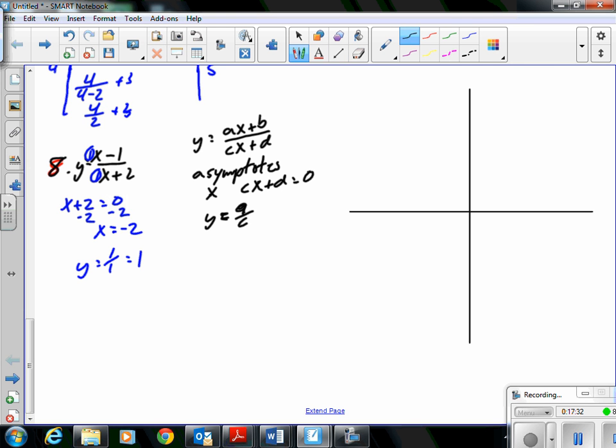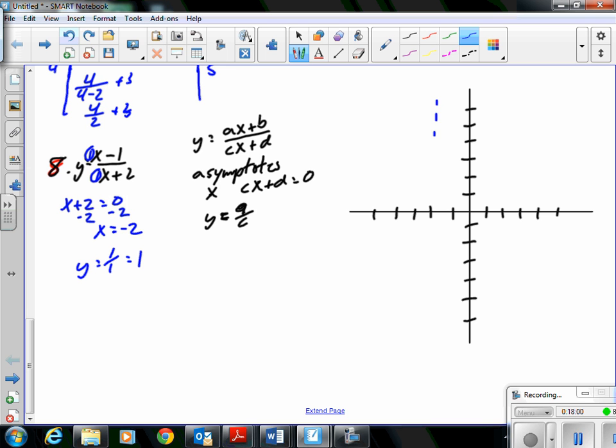So our asymptotes are x equals negative 2. So we're going vertical through negative 2.